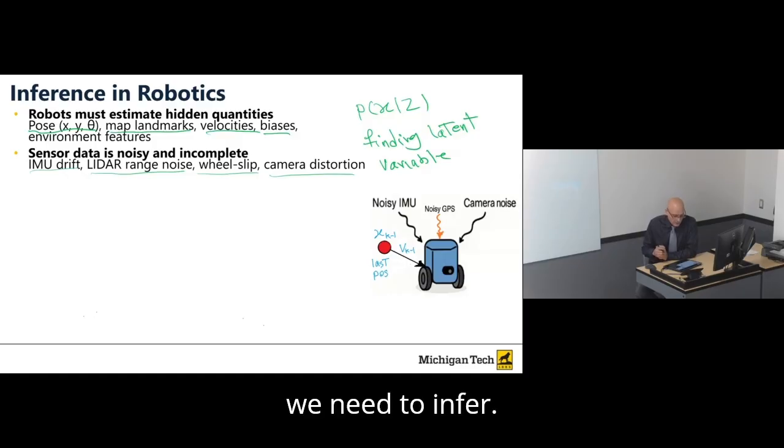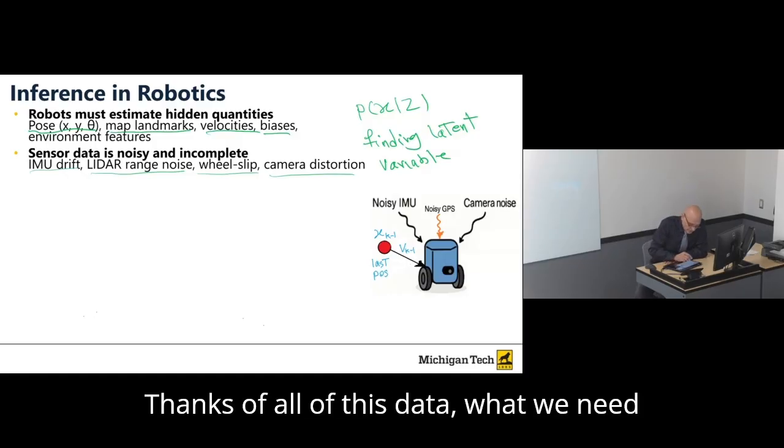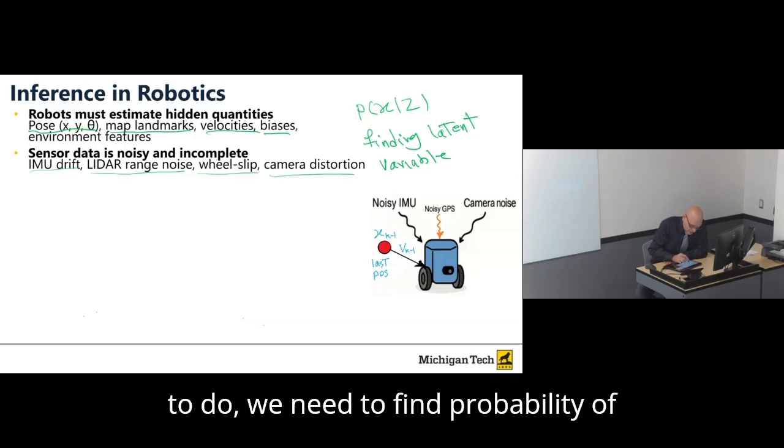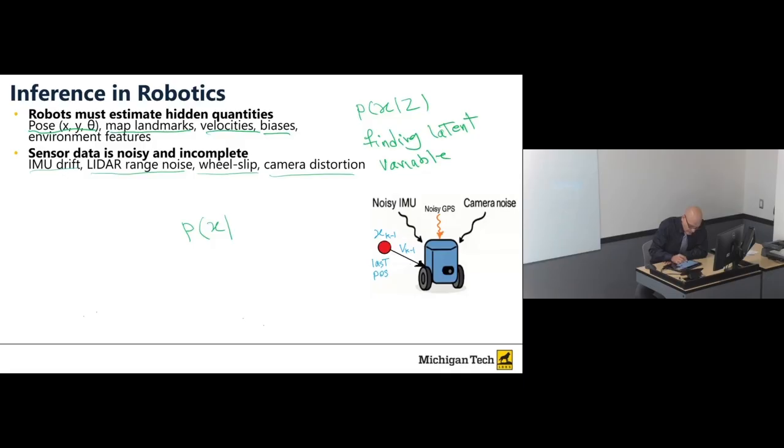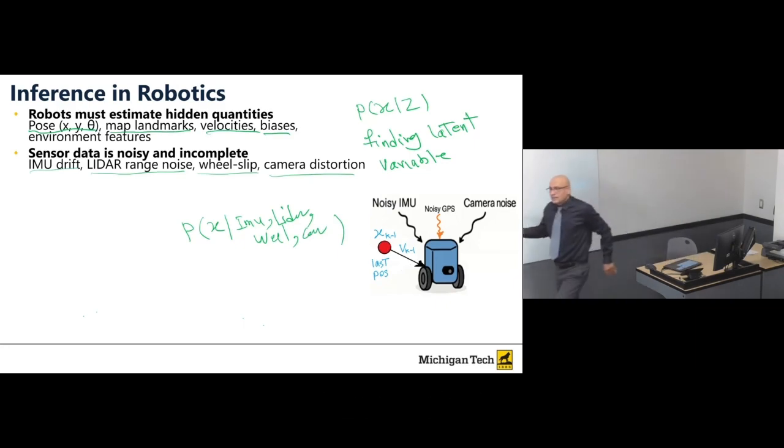we need to infer. Based on all of this data, what we need to do is find the probability of X given IMU, lidar, wheel, camera. This is kind of fusing as well.